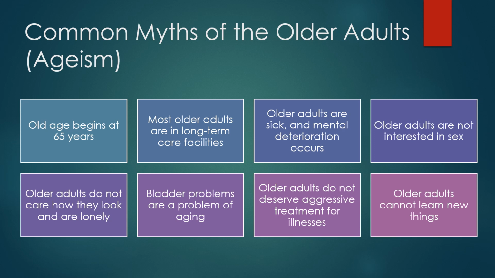There's a belief that older adults do not deserve aggressive treatment for illness, and this makes my heart hurt. Older adults deserve treatments just like anyone else. The difference may be whether or not the aggressive treatments are going to make the quality of life bad or not. We try not to do things that will cause a person to be in pain or suffer. And lastly, there's a belief that older adults cannot learn new things.